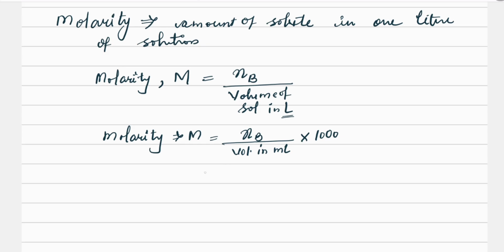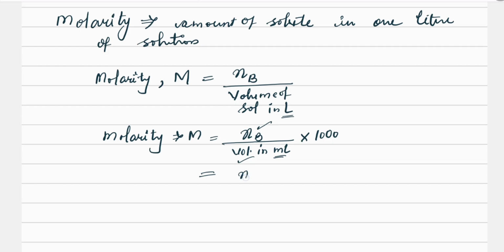And if you are asked what the unit of molarity is, we can put the units of number of moles and volume. Because milliliters have been converted into liters, the volume is going to be in liters.